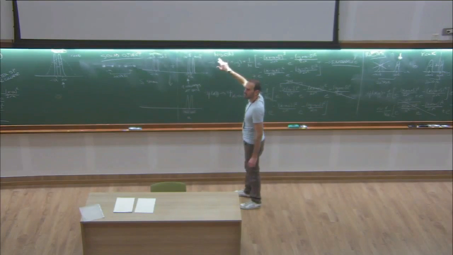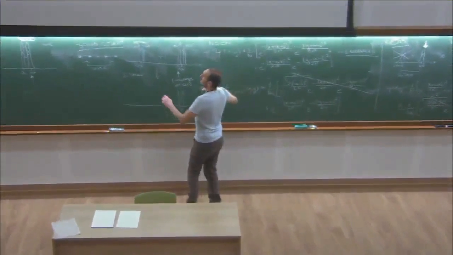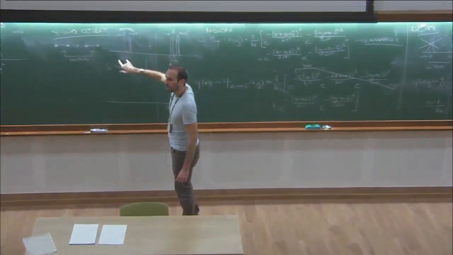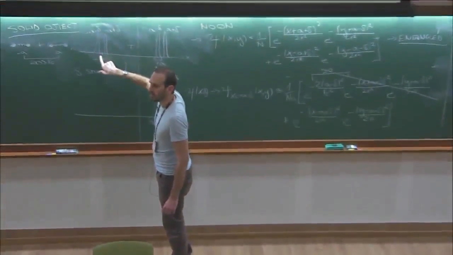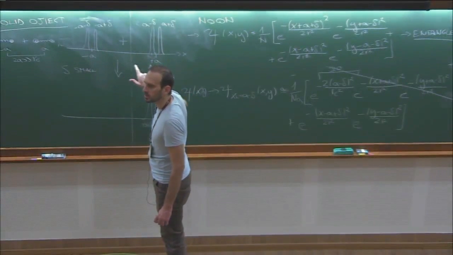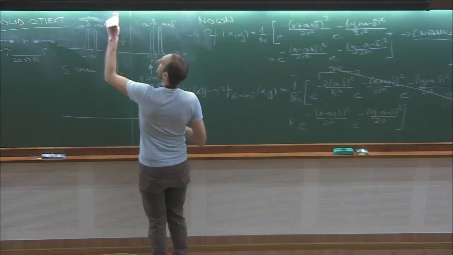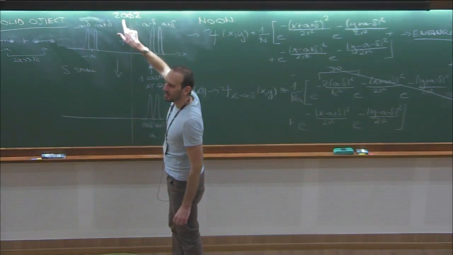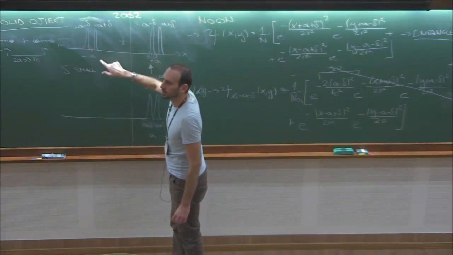Known means that if you make the measurement, you find 2 particles here and 0 there, or 0 here and 2 there. So this would be a 2, 0, or 0, 2 state.